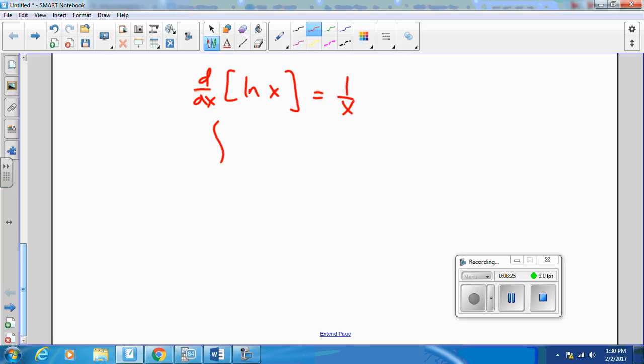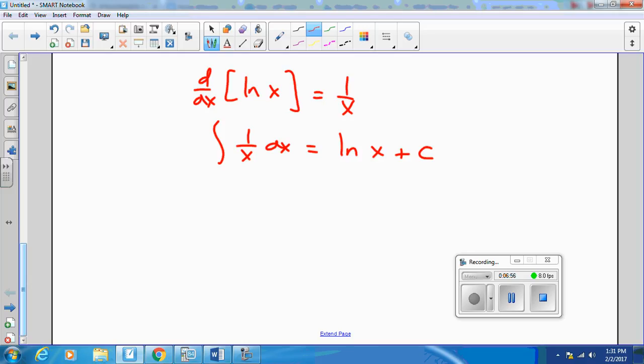It would be the antiderivative of 1 over x is ln x. And that's a good rule to know. There's a little bit of a domain problem here that we're going to address at the end of class. Notice that the domain of ln x is positives only, whereas the domain of 1 over x is all x but 0. And so we wonder exactly how that works out. We'll handle that at the end of class.